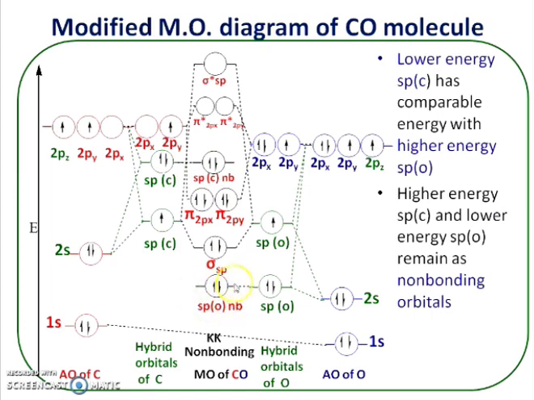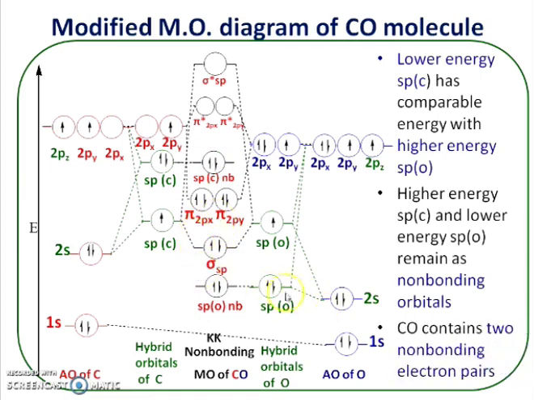One non-bonding electron pair is present in the sp hybrid orbital of oxygen, and another non-bonding pair is present in the sp hybrid orbital of carbon. All the electrons are paired, and therefore carbon monoxide is a diamagnetic molecule.